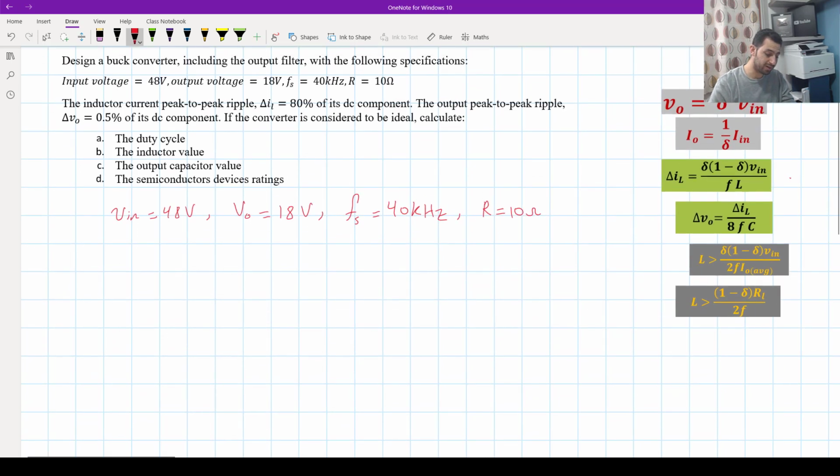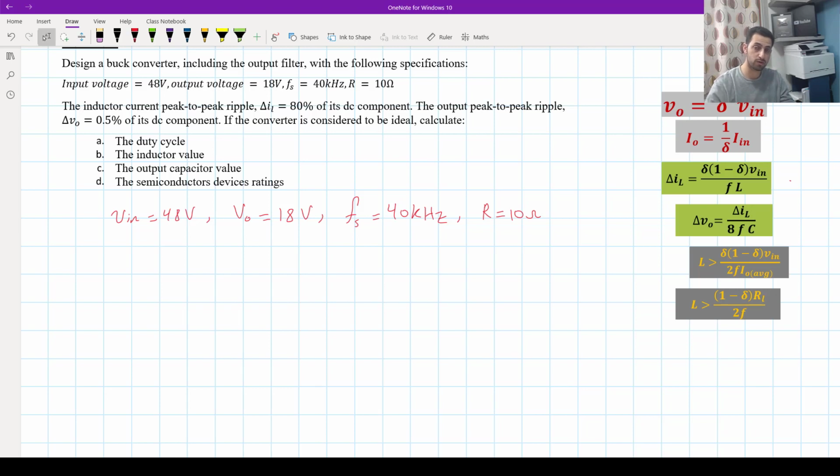I advise you to remember also the circuit itself, because it helps you to really figure out the currents for each part as we explained in the lecture.